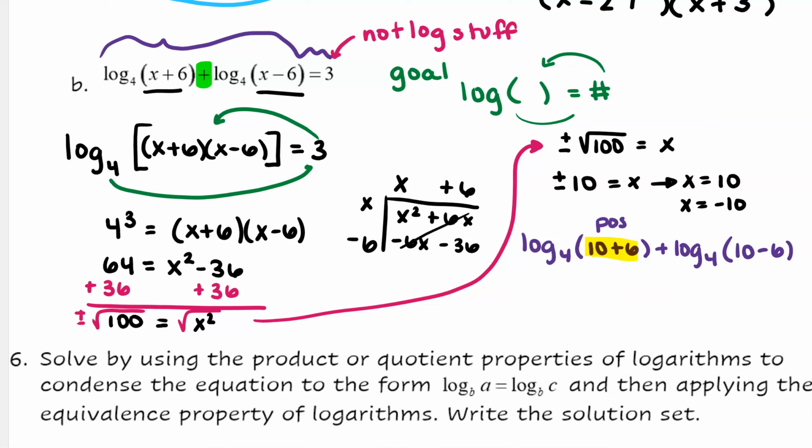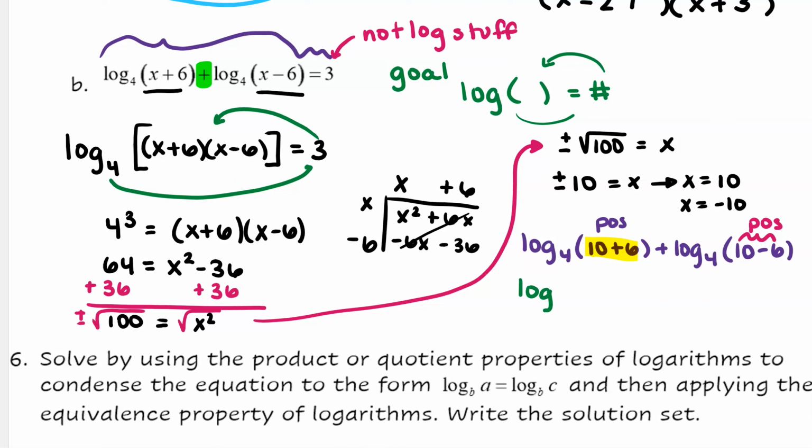And again, all I'm checking for is that this inside, the thing I'm taking the log of, is positive. So I could go through and do the actual math. What is 10 plus 6? What is 10 minus 6? Take the logs of those numbers, add them together, and see if it makes 3. But I'm going to kind of stop short. I'm going to say, okay, when I plug in x equals 10, both arguments are positive, so I'm probably on the right track. Now let's try x equals negative 10.